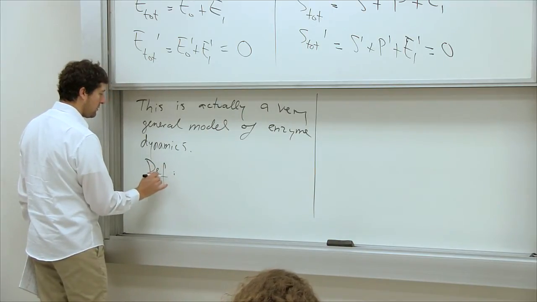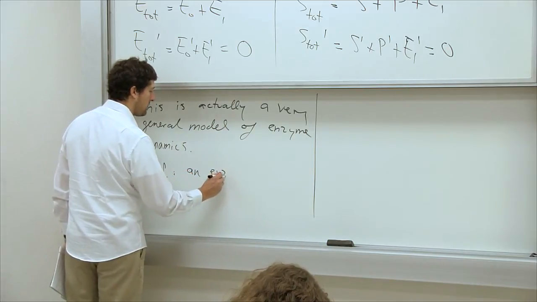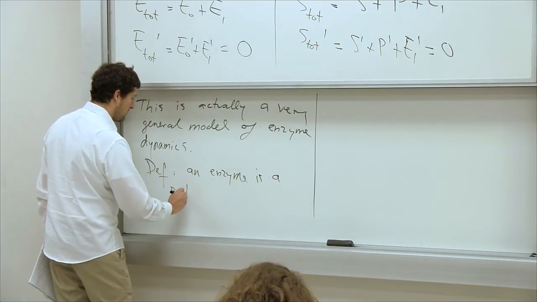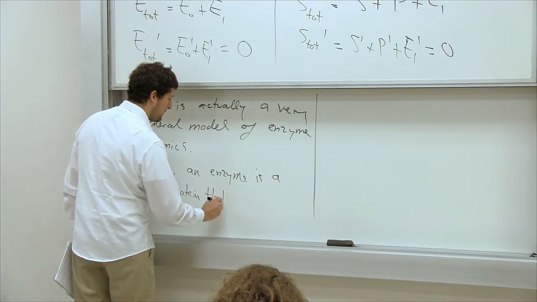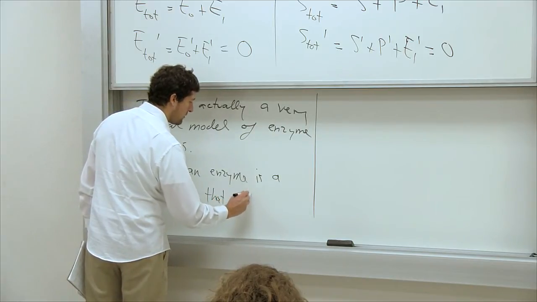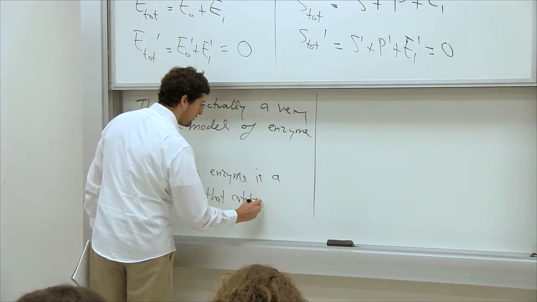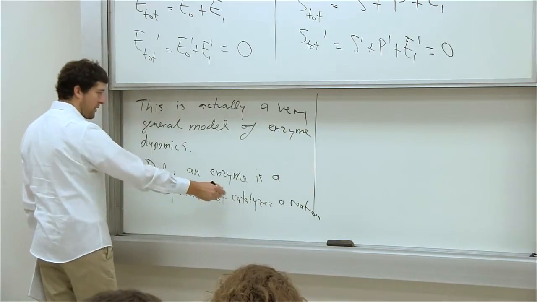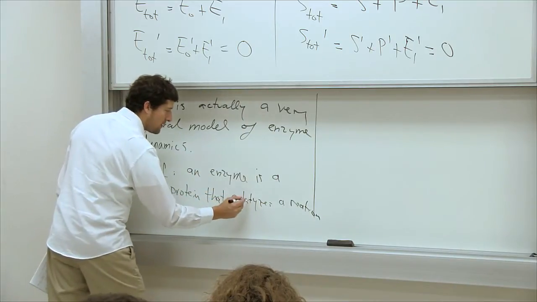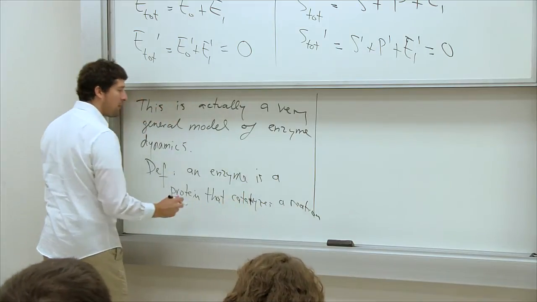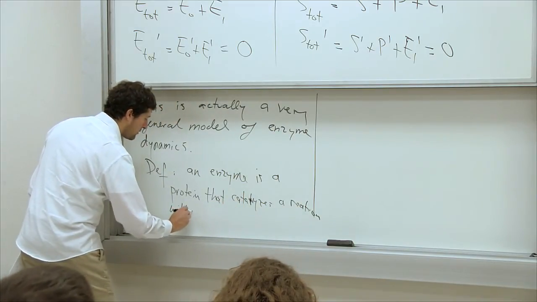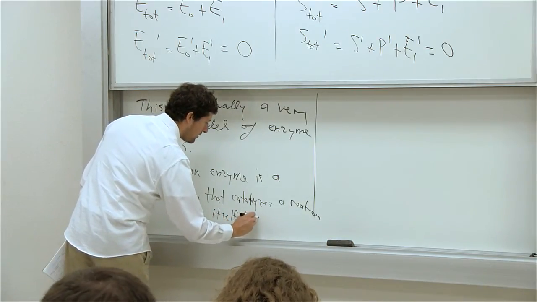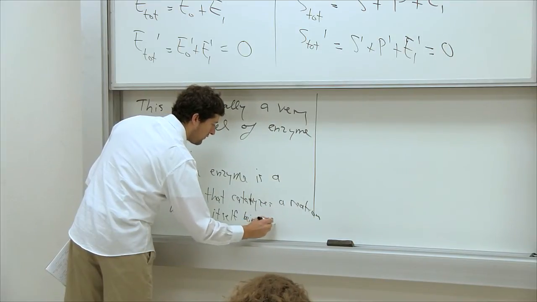Definition: an enzyme is a protein that catalyzes a reaction, and as part of the definition of catalysis, it does so without itself being used up in the process.